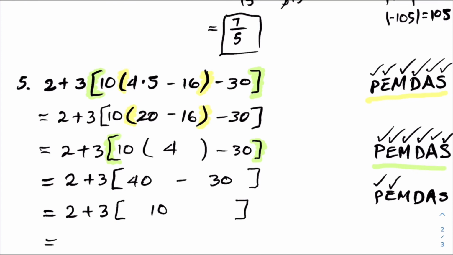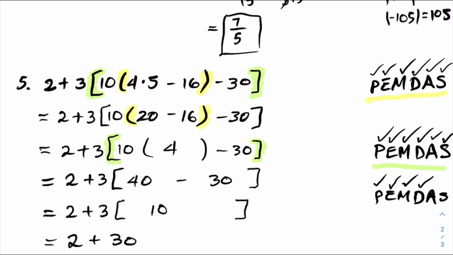So 2 plus 3 is positive, so positive 3 times 10 is 30. Multiplication is done. There is no division. There is addition.